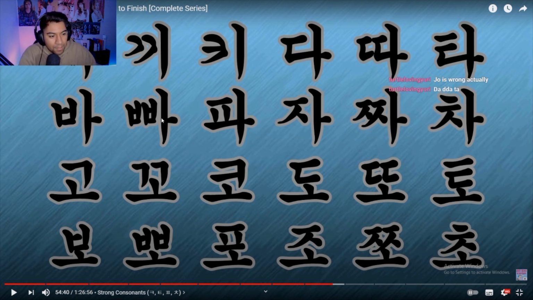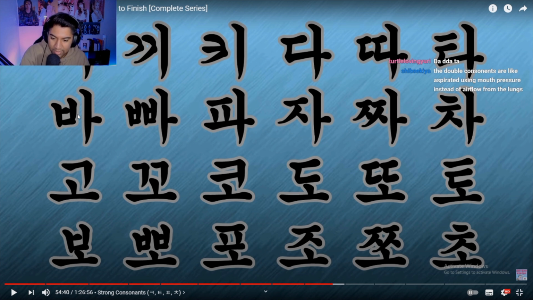Pa, pa, pa. Am I wrong? Oh. Da, ta, ta. The double consonants are like aspirated pa, using mouth pressure instead of airflow from the lungs. That's the best I got. So it'd be ka, and ka.